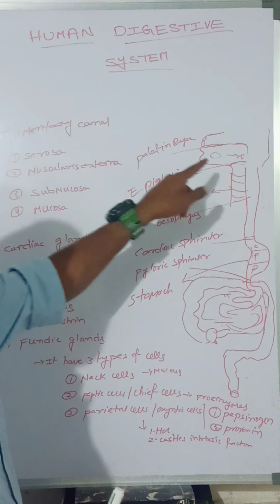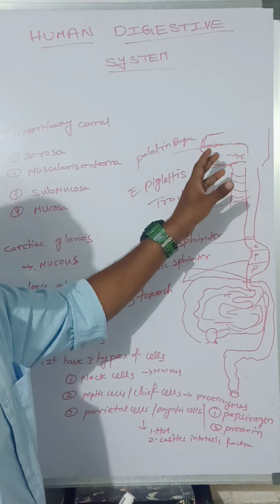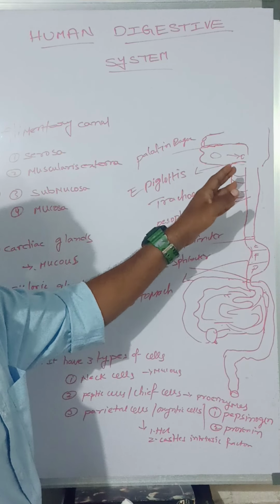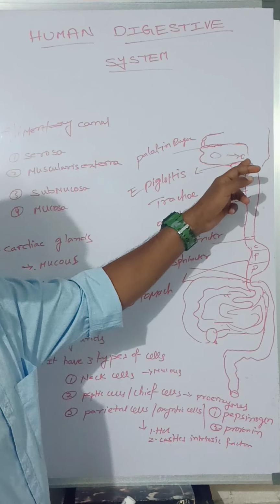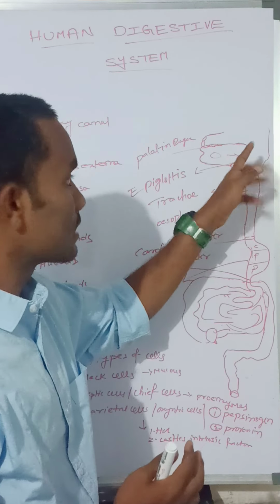Alimentary canal: we discussed the buccal cavity, the teeth, the tongue, and the salivary glands present inside it. Then we entered the pharynx, which is divided into three regions: nasopharynx, oropharynx, and laryngopharynx.